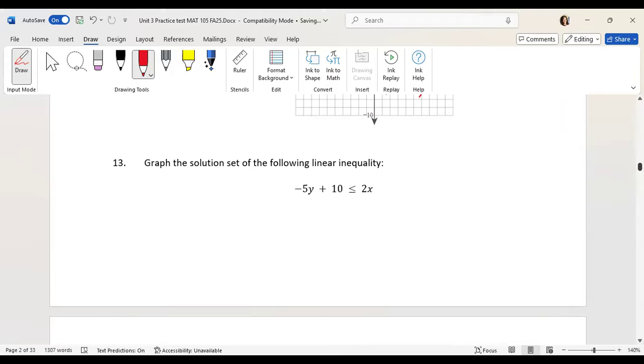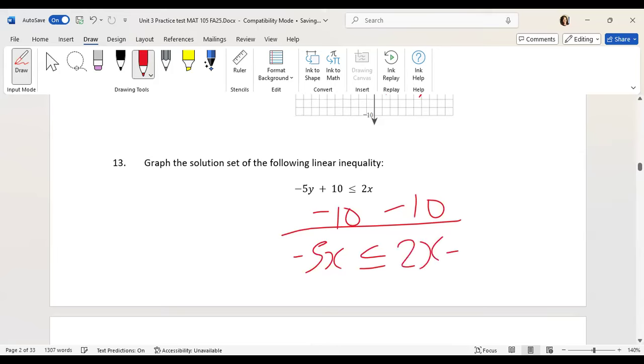So the first thing we want to do is to solve the inequality to look like the slope-intercept form. Okay, so I want to subtract 10 from both sides. And then I have negative 5x is less than or equal to 2x minus 10.